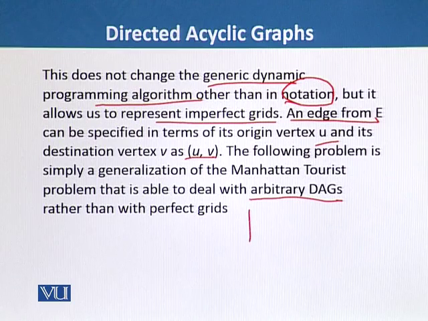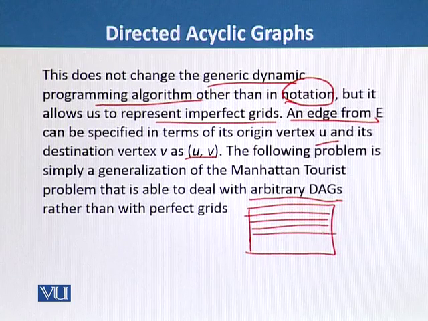So as we have seen in this problem, the grids will not be perfect ones, and we can even use these imperfect grids and solve this problem by using the dynamic programming algorithm technique.